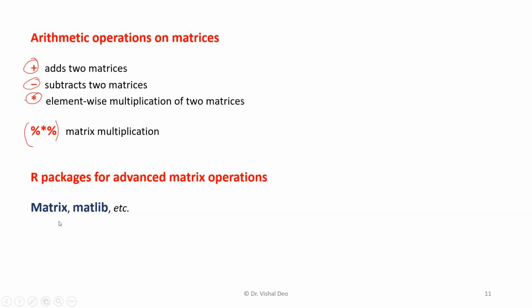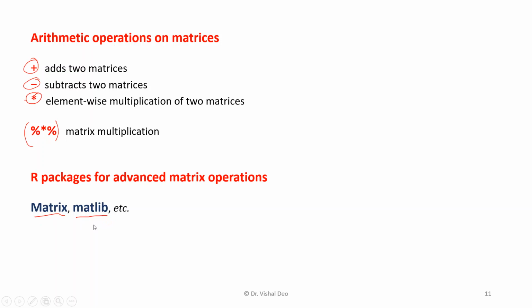I have just written two names which I know, but I'm sure there are various other packages available in the CRAN library. You can check. One is Matrix, which is very popular, and another is matlib.